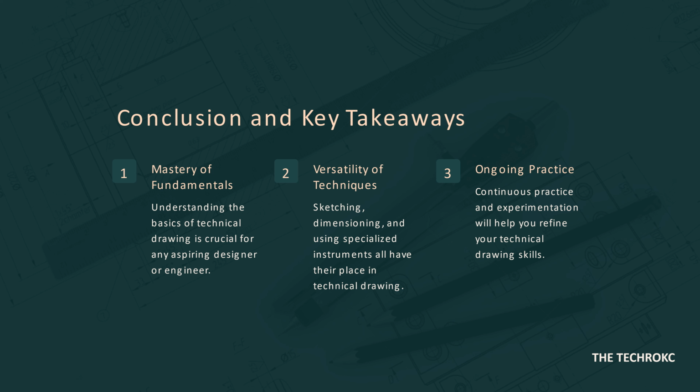Then I moved on to the set of instruments we use in technical drawing. I mentioned French curves, compasses, protractors, and I gave their uses. I also mentioned other instruments as well.